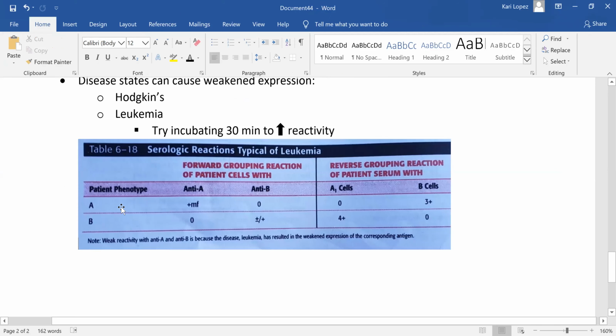So in the case of leukemia, if you have a person who's A, you might get a mixed field reaction for anti-A, then a negative reaction for anti-B, and then the reverse cells A1 and B. So if you were type A, what would you normally have?